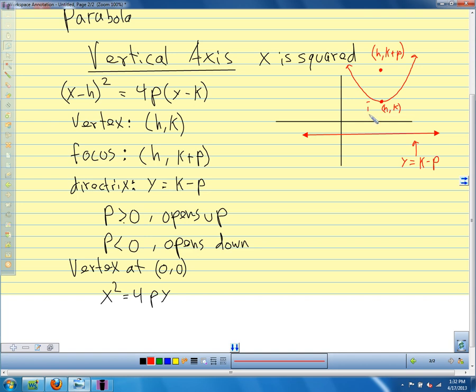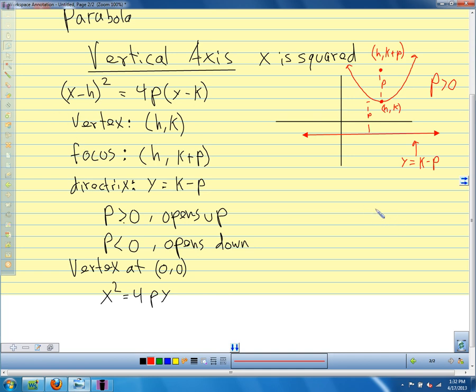So this distance here is p, and this distance here is also p. And this is for p greater than 0, so our parabola is opening up. It's the same picture, just opening downwards if p is less than 0.